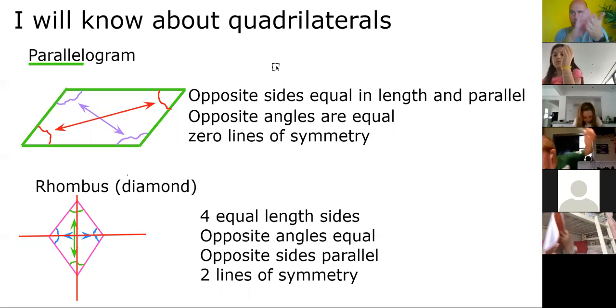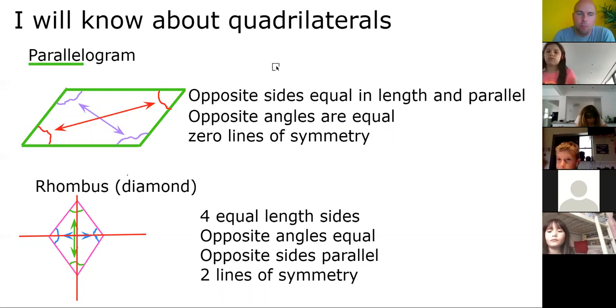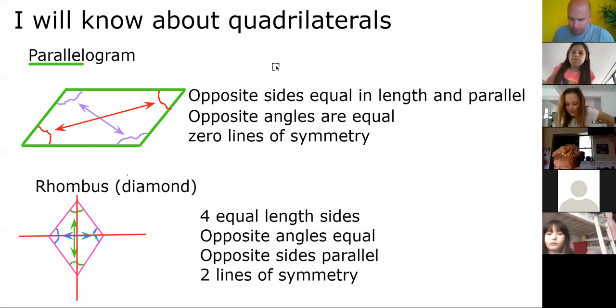Then you at least have a go at trying to fold it in, and it won't work. The rhombus is a little bit harder to do. We really need our protractors so that we can do that correctly. But we can give a parallelogram a go, definitely.